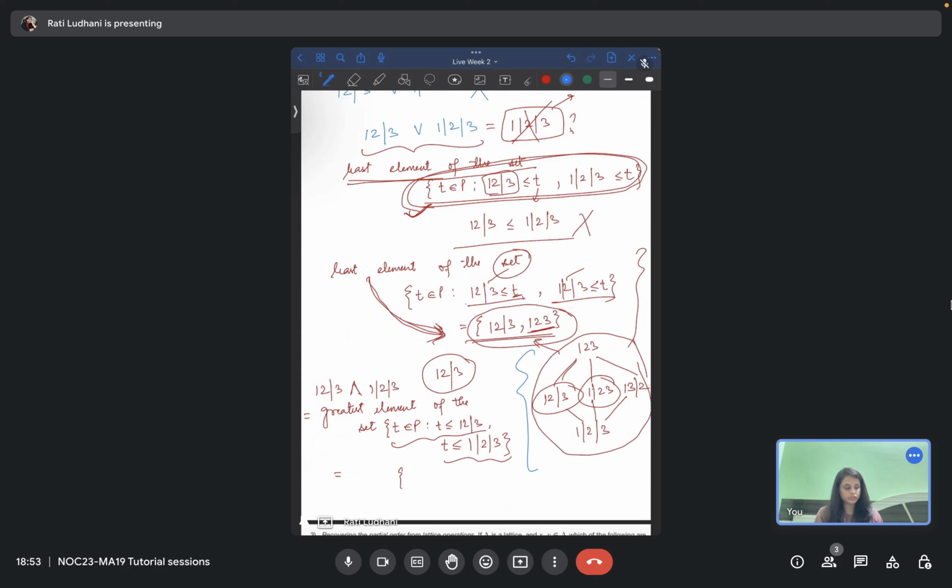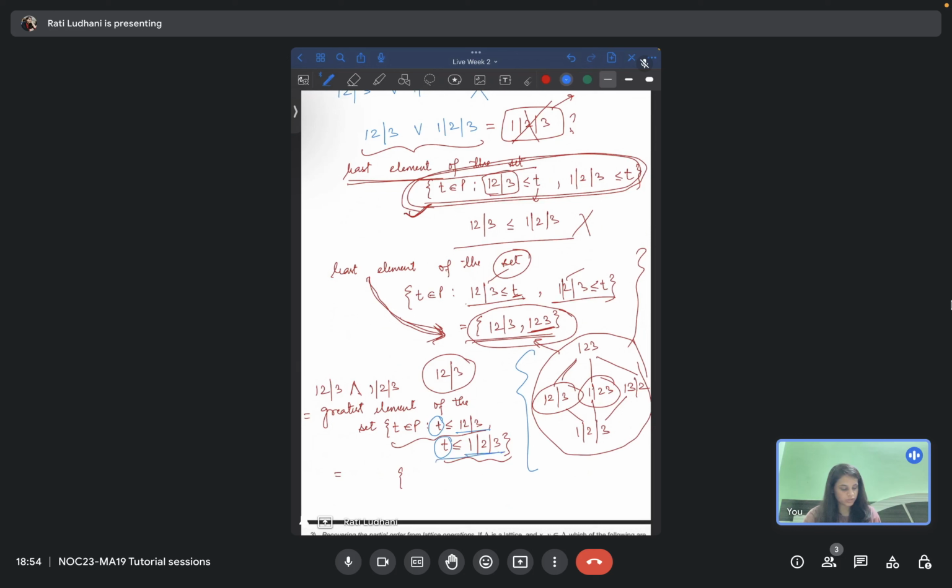So all those T which are less than or equal to 1 2 3, and which are less than or equal to 1 partition 2 partition 3, or maybe 1 bar 2 bar 3. What will be the element? You are searching for all those T which satisfy these two conditions.